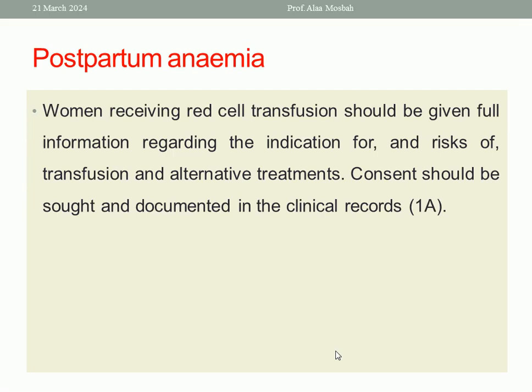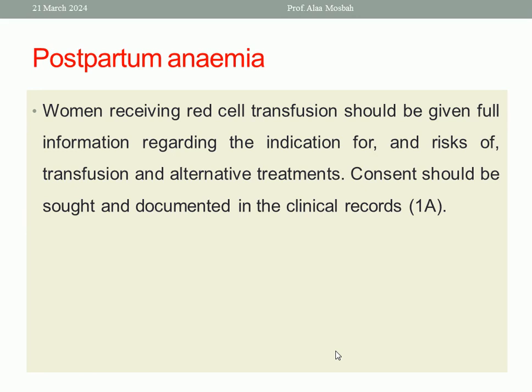Women receiving red cell transfusion should be given full information regarding the indication for and the risks of transfusion and alternative treatments. Okay? Consent should be sought and documented in the clinical records.